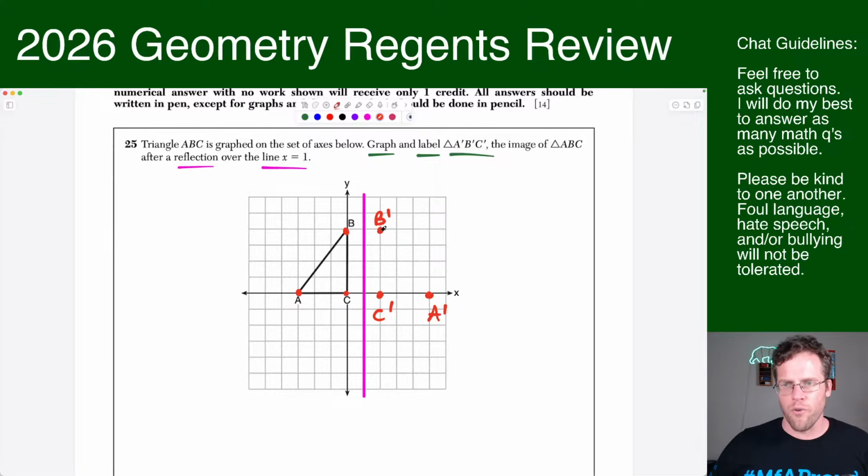Please, whatever you do, before you say that's my answer, make sure it looks the same as the original triangle, because a reflection is a rigid motion, which means the new triangle should be the same size and shape as the old one. So there is the new one. We didn't have to write the coordinates. They just said graph and label, which we did. So yay. All right. Great.